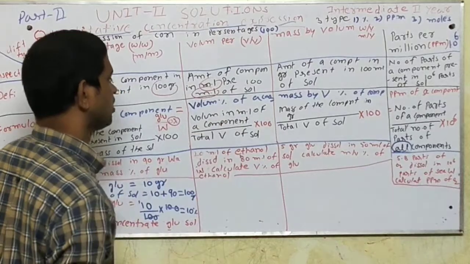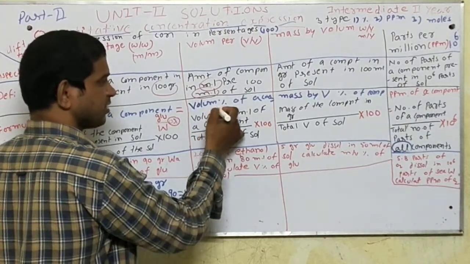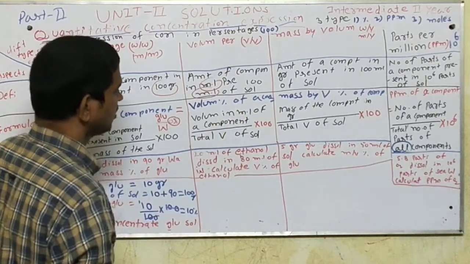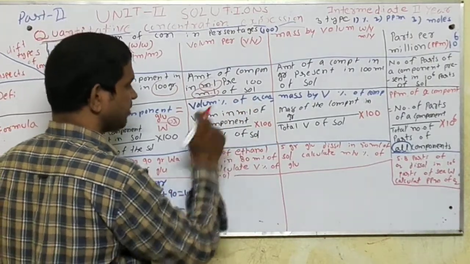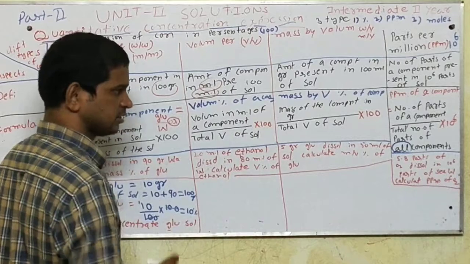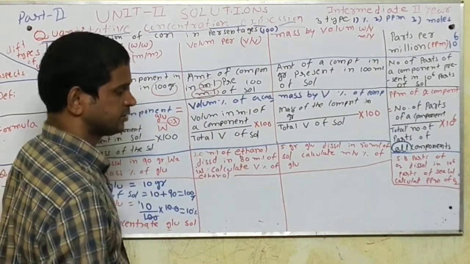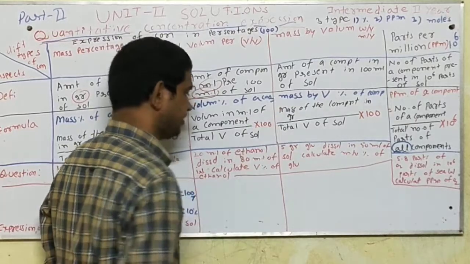For this, we have a formula: volume percent of a component equals volume in ml of a component divided by total volume of the solution, multiplied by 100.